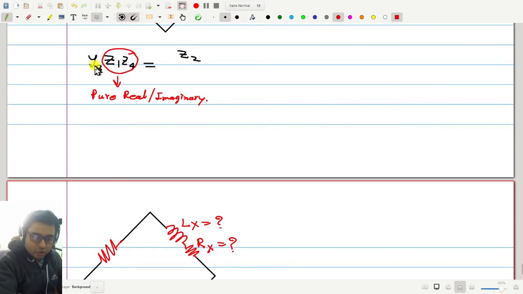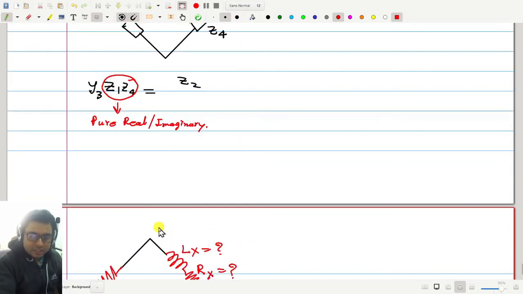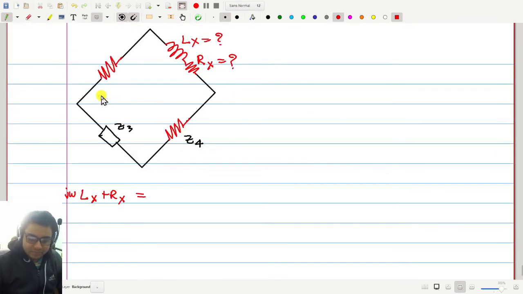And this is the equation that I have. Z2 means this. So the equation becomes Z2 is Lx j omega plus Rx. This is equal to this factor Z1, Z4, Y3. Now Z1, Z4, they are just R1, R4, pure real numbers I have chosen. So R1, R4 multiplied with Y3.